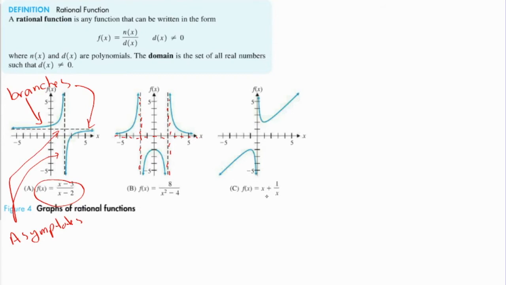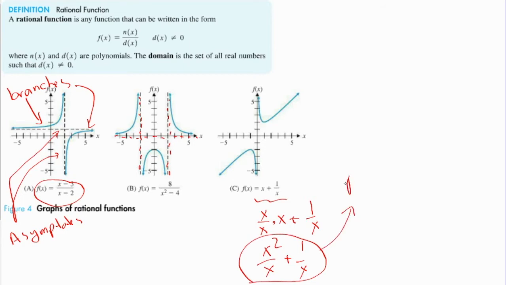And c is a mixed function. But if we were to combine this to be a single fraction, we would need like denominators. So we would have to multiply x by x over x, and that would give us x squared over x plus 1 over x. And now that the denominators match, we can say that f of x equals x squared plus 1 over x.